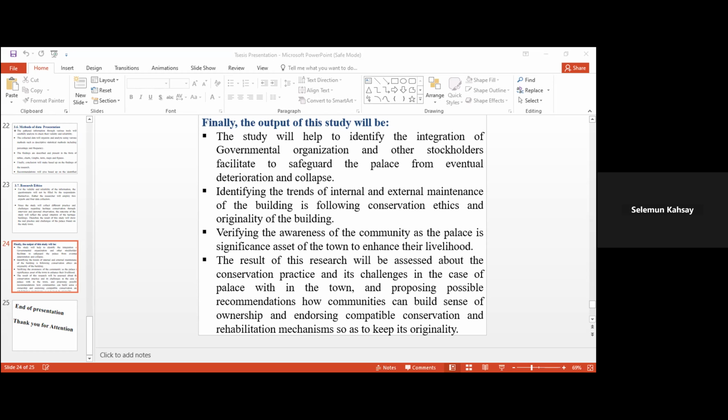When I look at the four points you stated as the outputs of this study, you need to adjust your title and the whole proposal accordingly, because this will be an input to your program too.